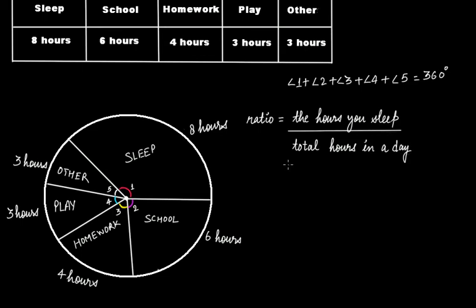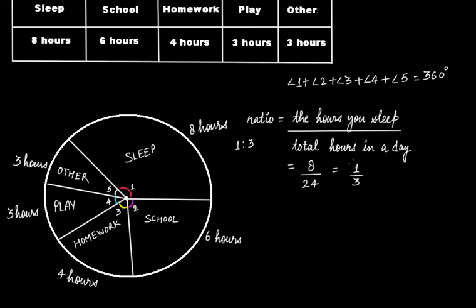So this is equal to 8 by 24. This is the ratio. Now if you simplify it, the highest common factor is 8, so you get 1 by 3. So this ratio is 1:3.